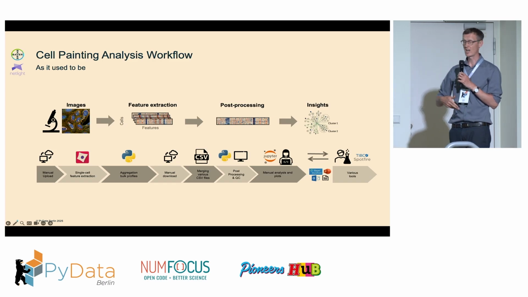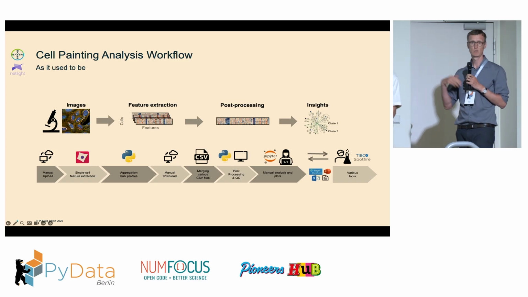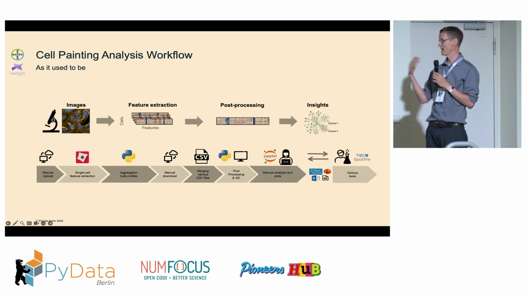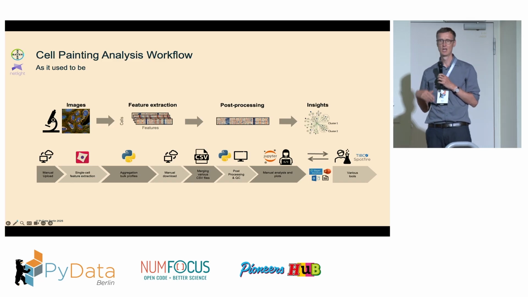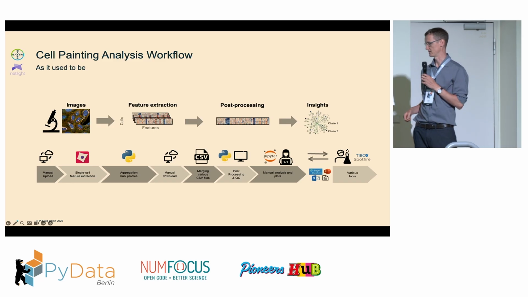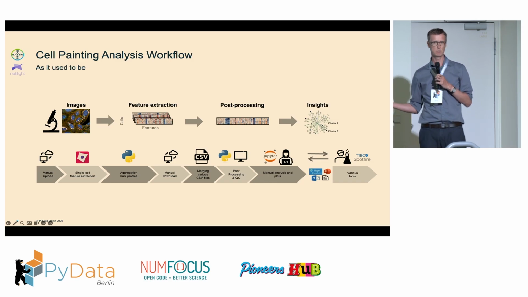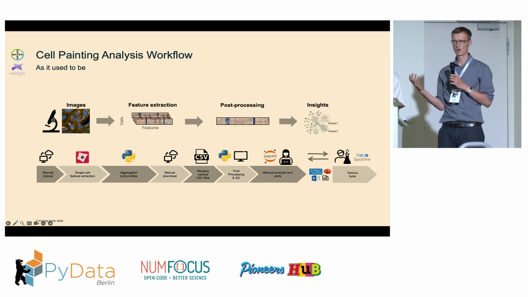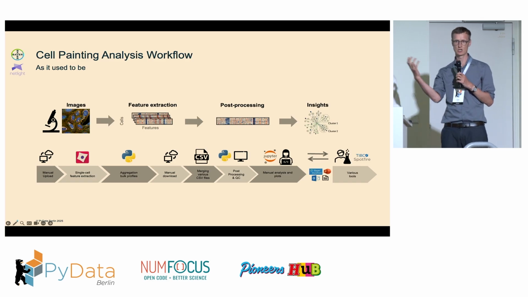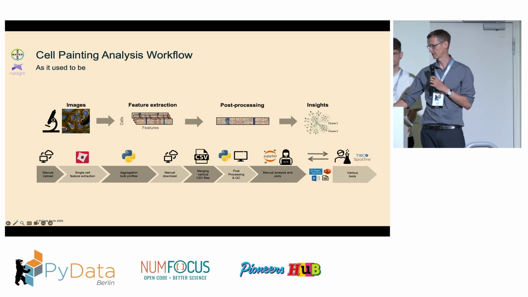CSV files were sent back and forth, with a lot of emailing and SharePoint sharing to generate the insights we were talking about. As you can see, that process doesn't really scale, but as we said, it's a very promising technology that can capture a lot of interesting information in early drug discovery.